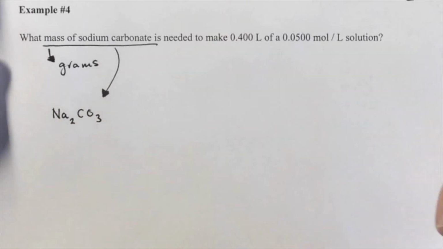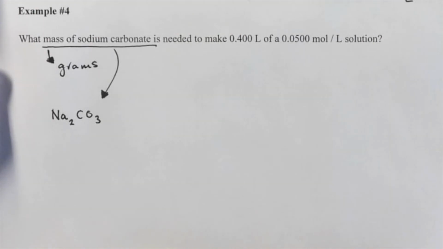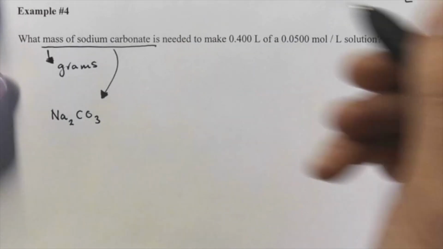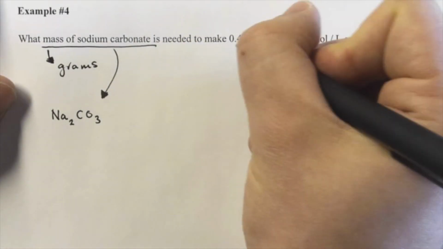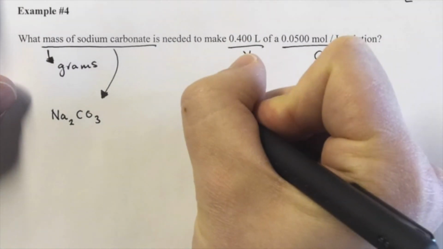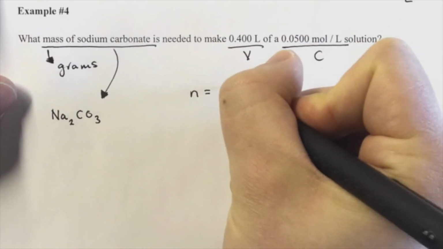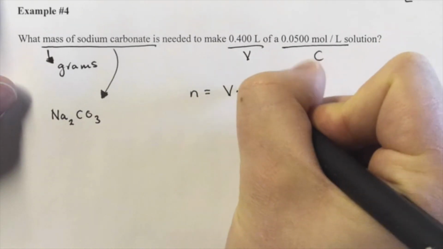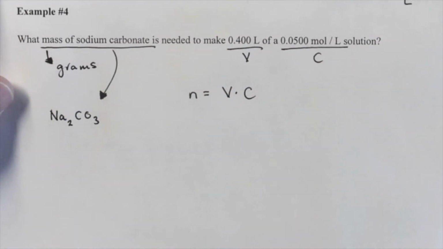So the first thing I should probably figure out here is how many moles of sodium carbonate I have, because I have a volume and I have a concentration. And I know with volume and concentration, I can multiply them together to get number of moles.